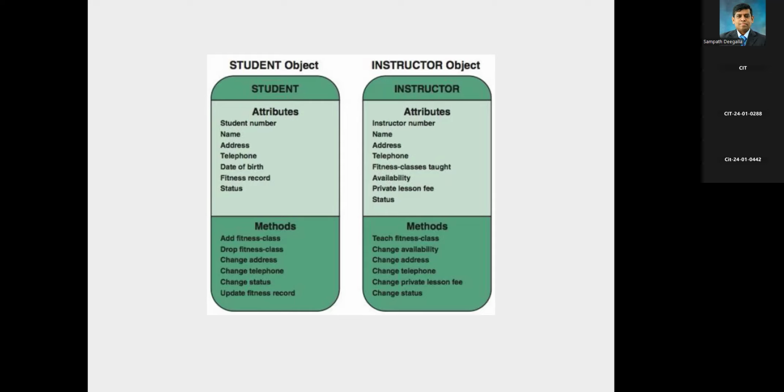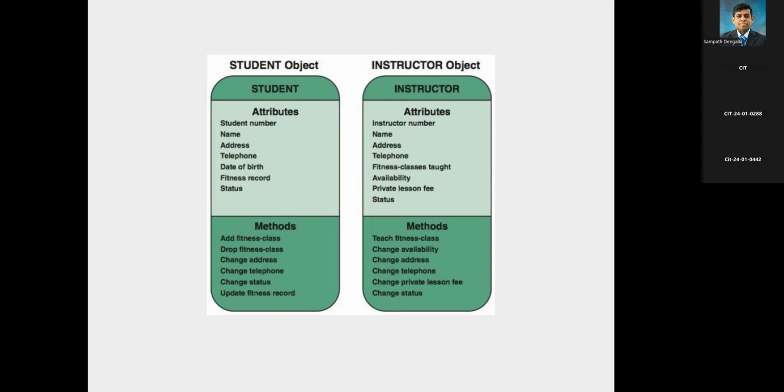And actually, this is an example for our fitness class, which I'm going to describe in a coming session. Let's say as a student, you want to register for a gym or a fitness class. The first thing is, you should be able to join the fitness class.